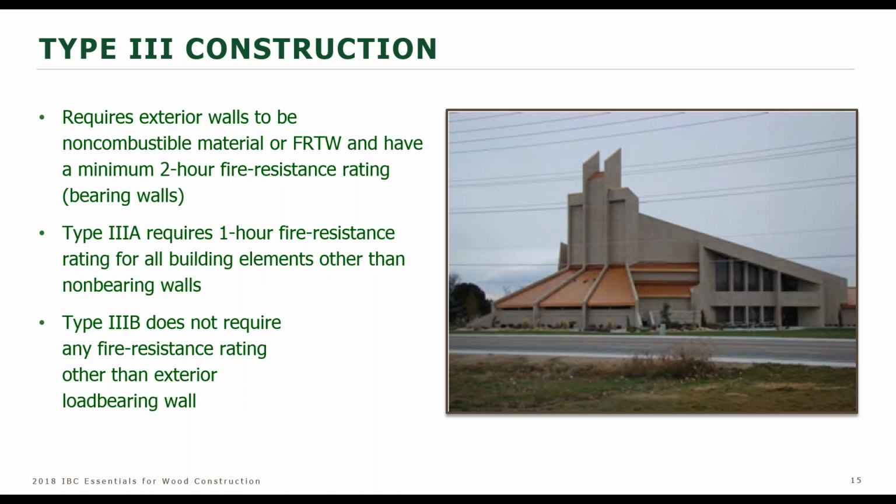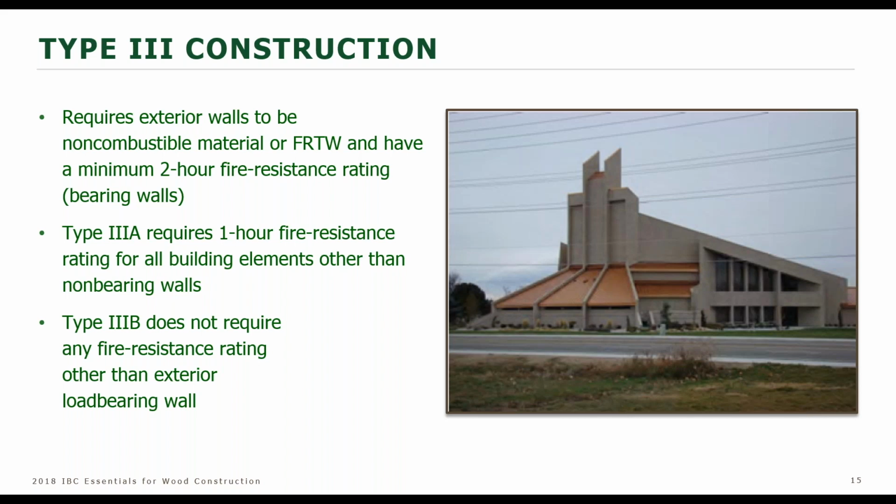I think it's significant to put this construction type in its context as being the inheritor of what's called ordinary construction in many downtown areas across the country, where you had downtown buildings with masonry exterior walls between the buildings and at the building perimeters, and heavy timber or wood frame construction for the interior elements.